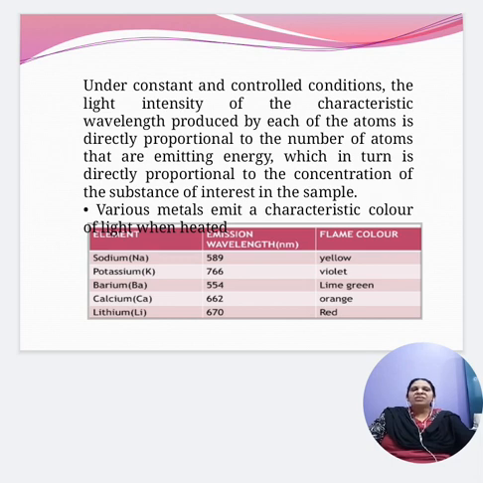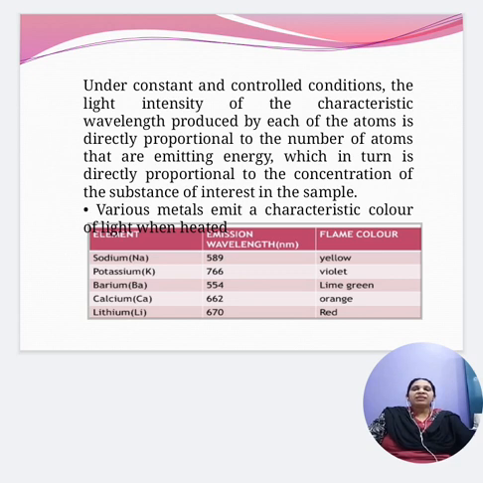When calcium is present, its wavelength is 662 nanometers and an orange color appears in the flame. When the flame is red, the element present in the sample is lithium, whose wavelength is 670 nanometers.